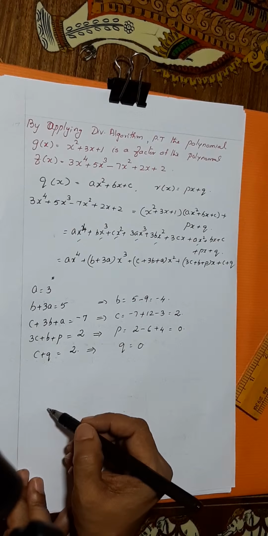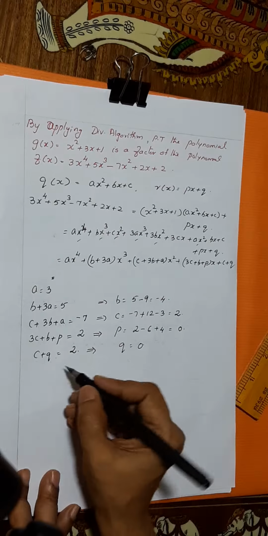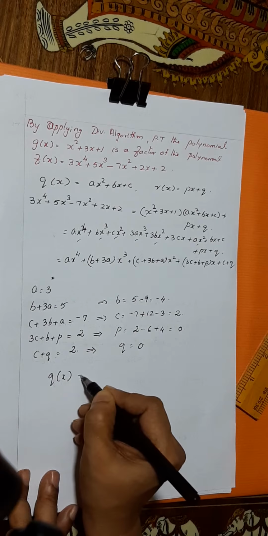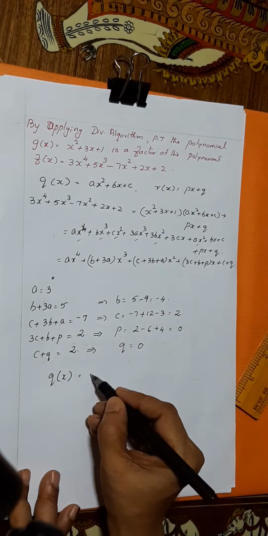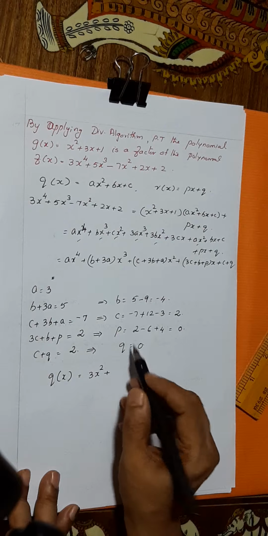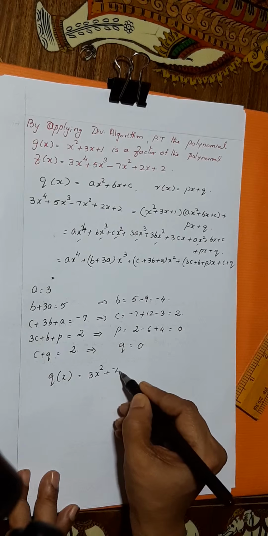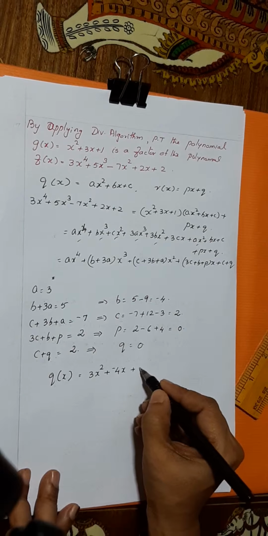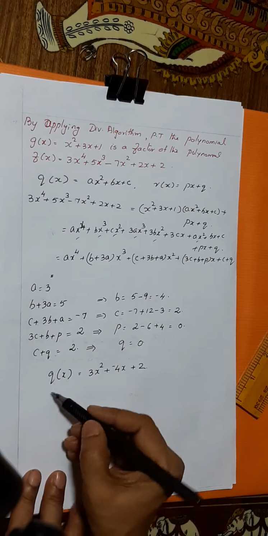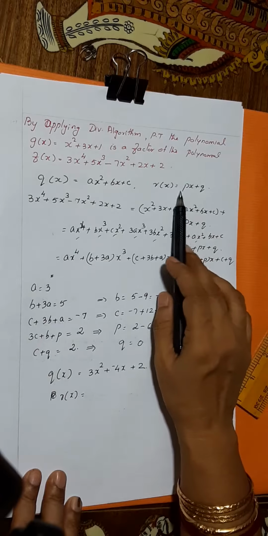So now we have to find the quotient. So q of x is equal to ax squared, so 3x squared plus b is -4, so -4x plus 2, and the remainder r of x is equal to px plus q.